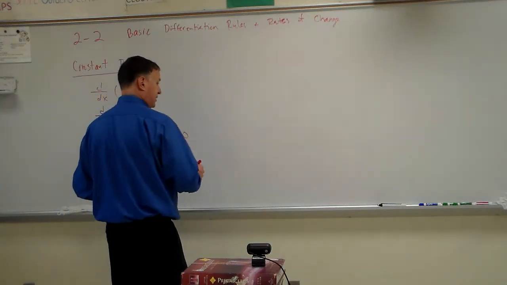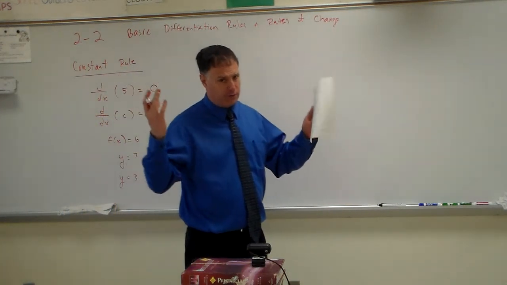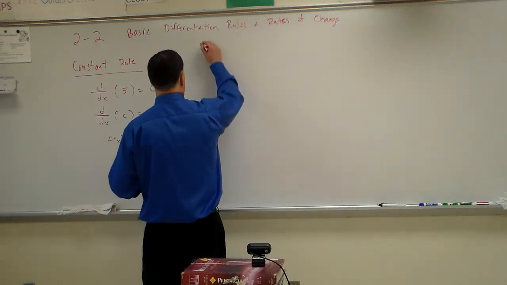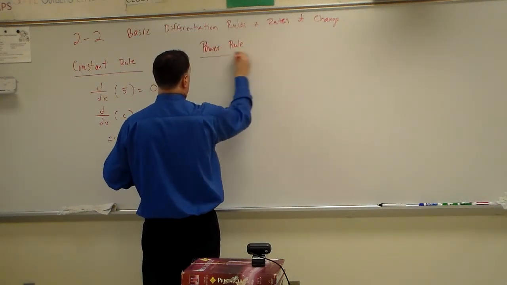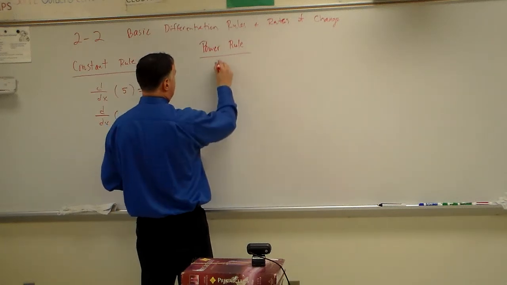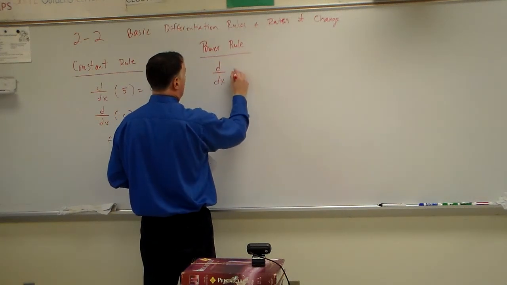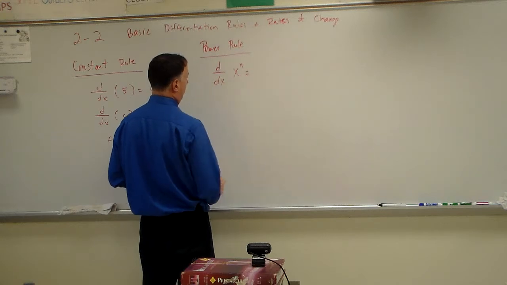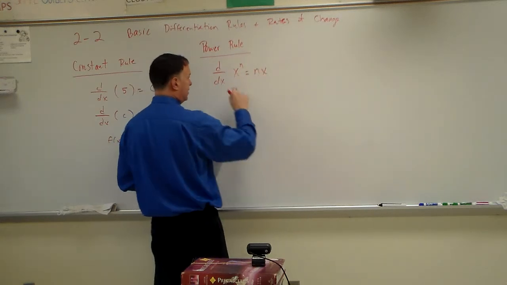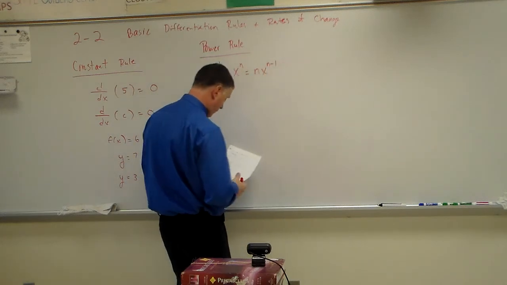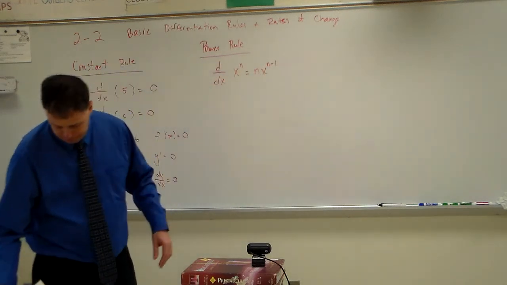Then we have this one. This is going to be the one that's life-changing for you, okay? It's called the power rule. And the power rule says the derivative of a term with an exponent, we take the n, we multiply times the base, and then we subtract 1 from our exponent, okay?